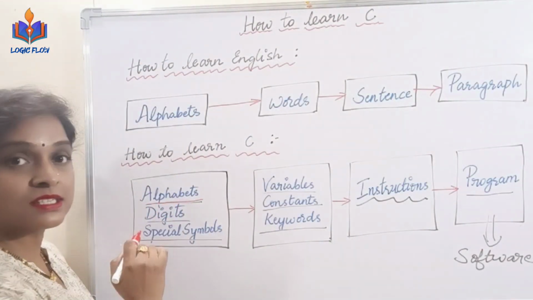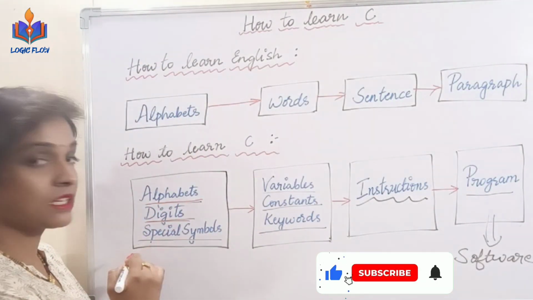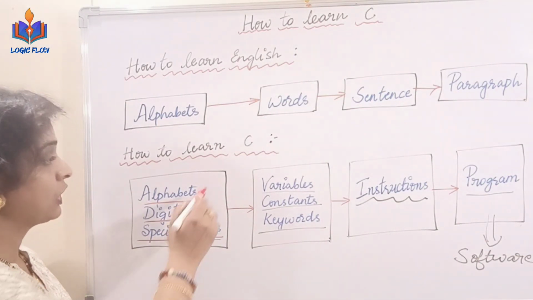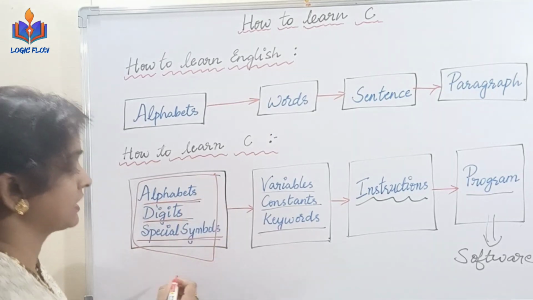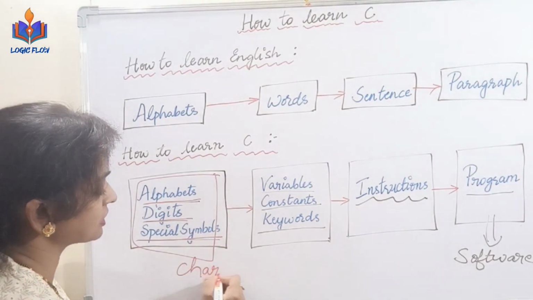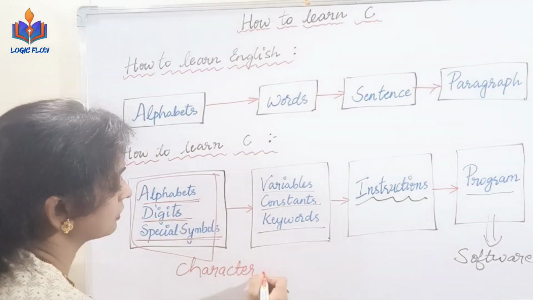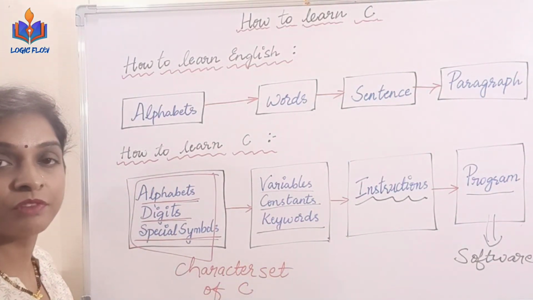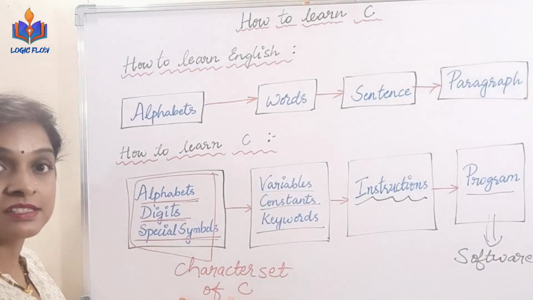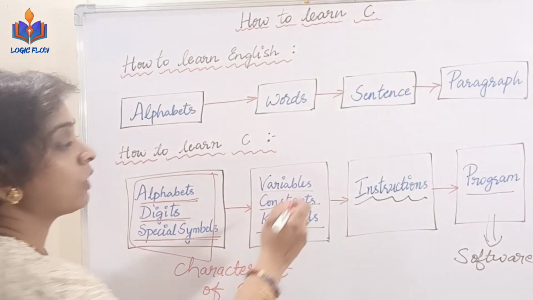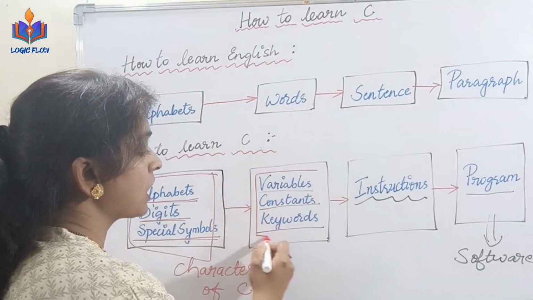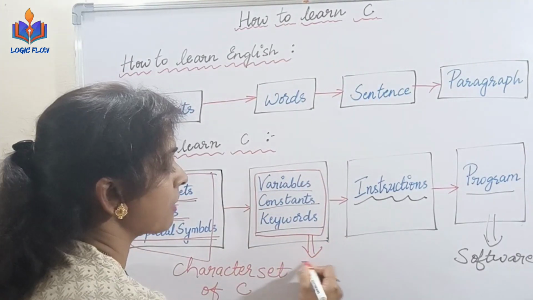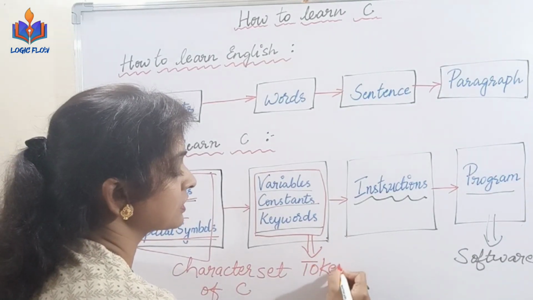These alphabets, digits, and special symbols that we use, we call the character set of C. And all these variables, constants, and keywords, we call them tokens.